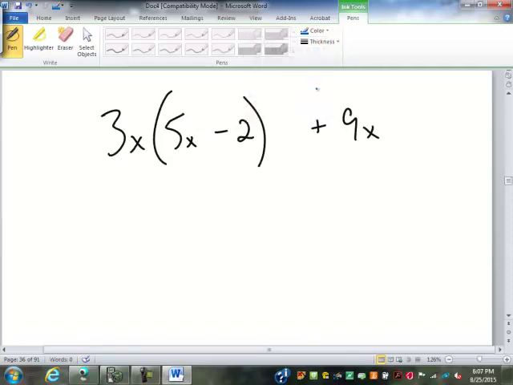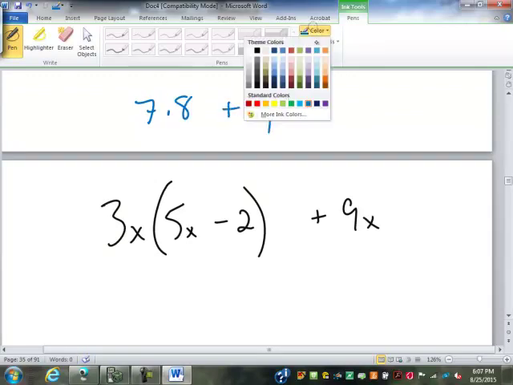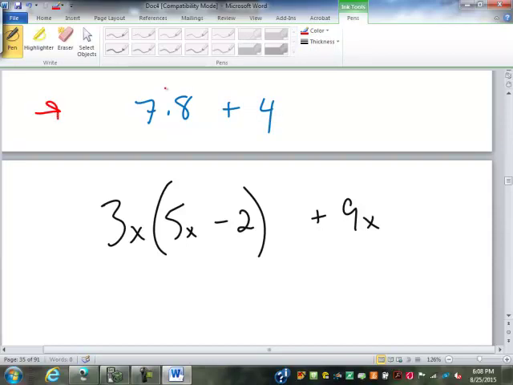And just like with our whole numbers, we can run into order of operations problems. This here looks very different, but it is really a similar problem to 7 times 8 plus 4. On this one up here, we would multiply first and then add the 4. The same is going to happen down here.